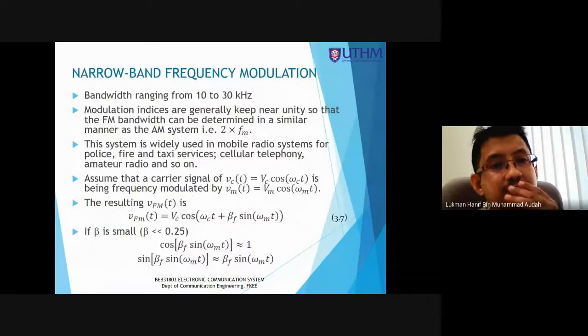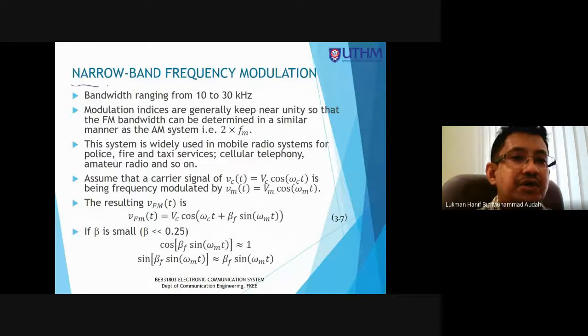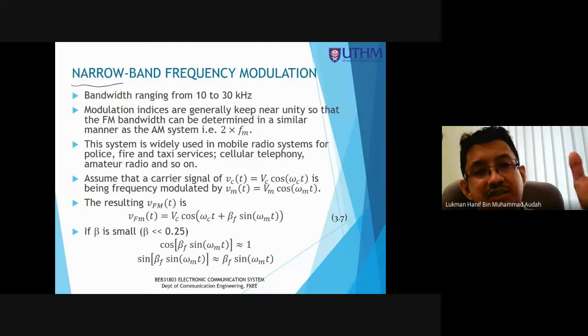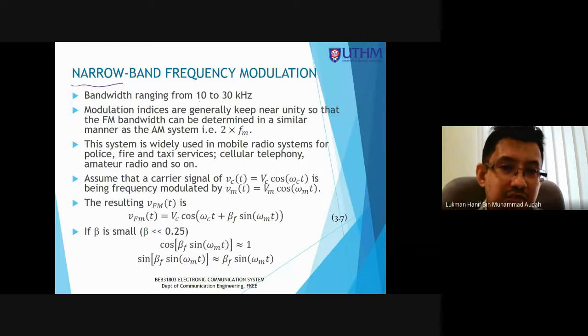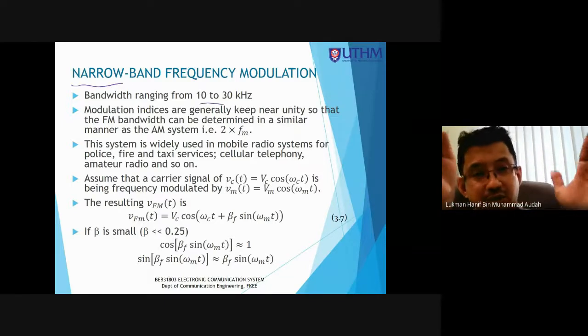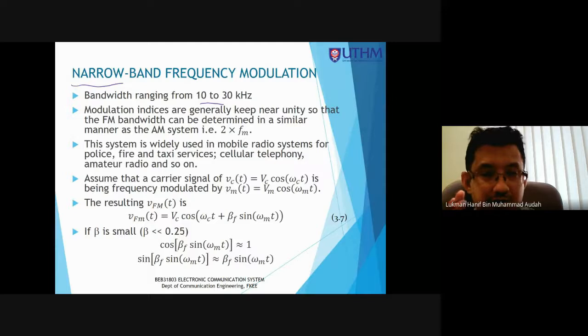Okay, next. Narrowband FM. The word narrow here means that the bandwidth is small. How small is it? It is between 10 to 30 kilohertz roughly in general.